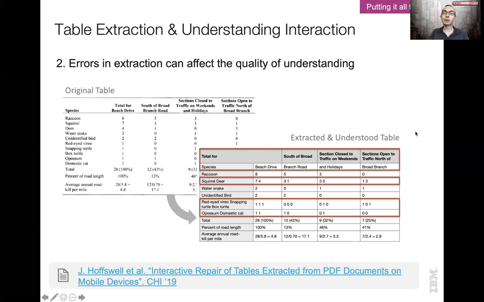And since table understanding depends on the output of extraction, these errors may affect table understanding tasks. For instance, in this case, table understanding will look at this 7 and 4 as a single cell with the associated row header of squirrel and deer, instead of treating them as two separate cells with the corresponding headers.